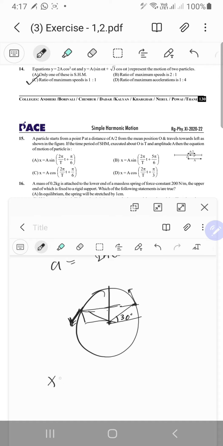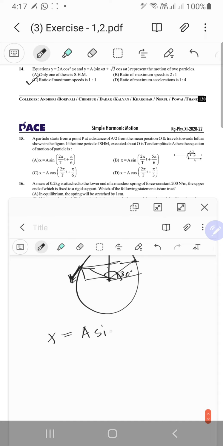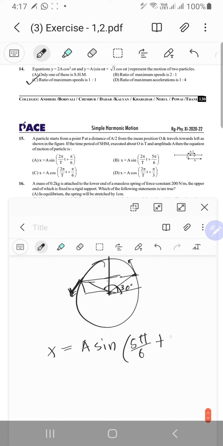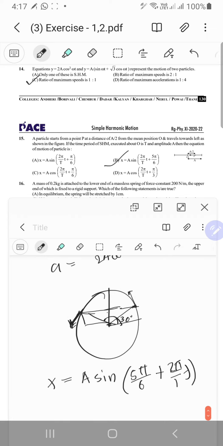Okay, x equals a sine, what's this angle? 150 degrees, which is 5 pi by 6. So a sine of 5 pi by 6 plus omega t. And what's omega? 2 pi by capital T. Looks correct. It's gonna be 5 pi by 6 for sure. This basically gives us the defining feature of this thing.